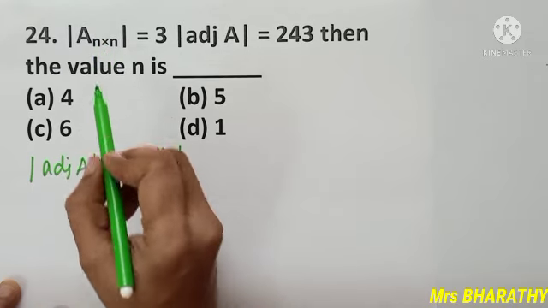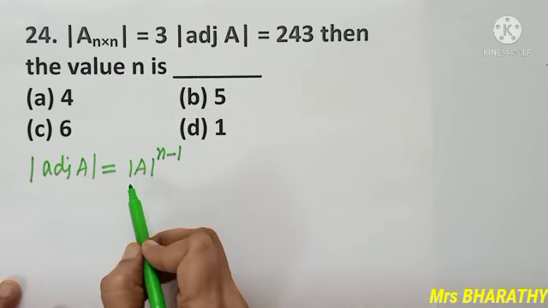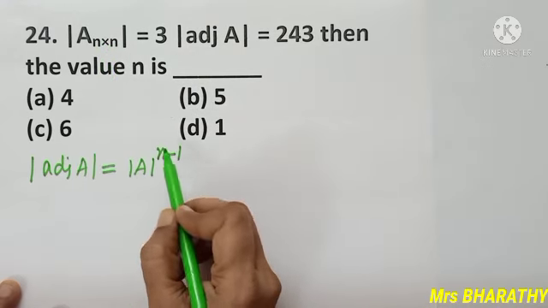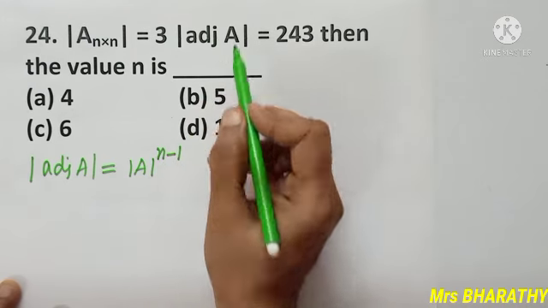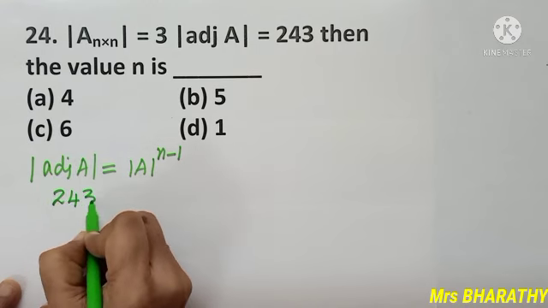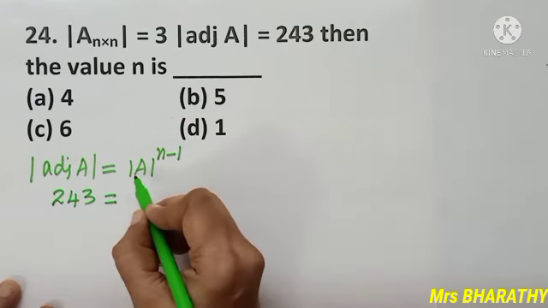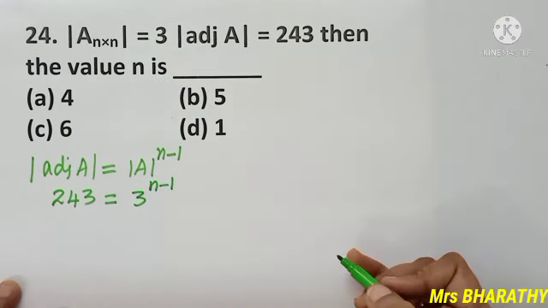Here A has order n. So determinant A the whole power n minus 1 gives me determinant of adjoint A. Given this value 243, determinant A is 3, the whole power n minus 1.